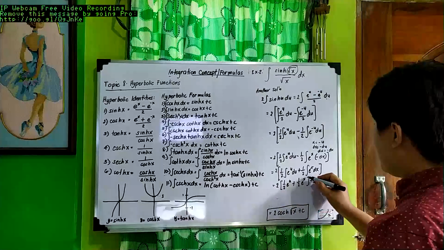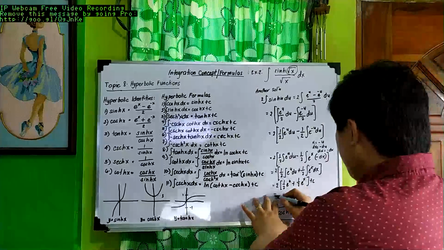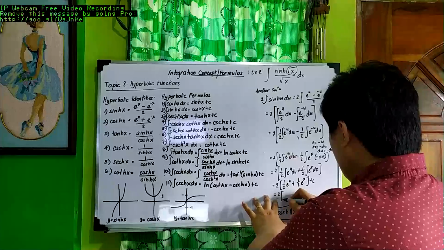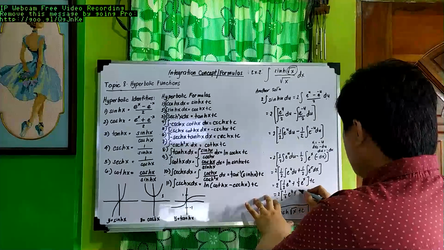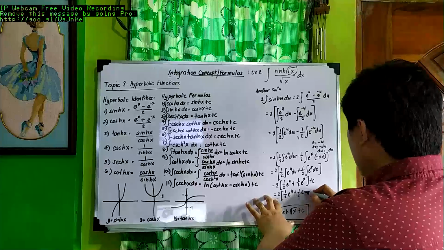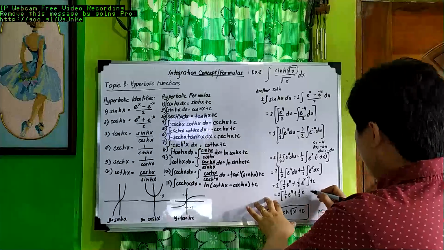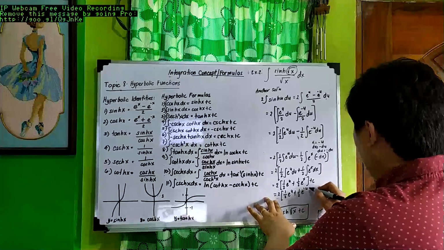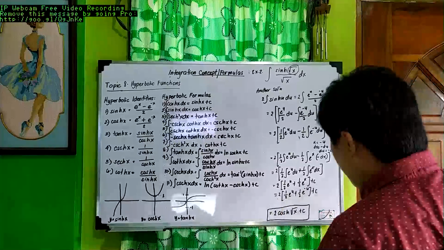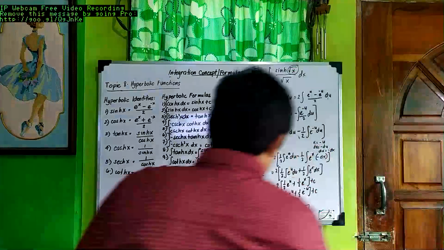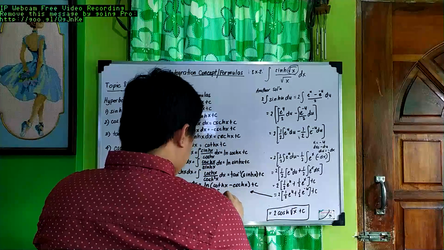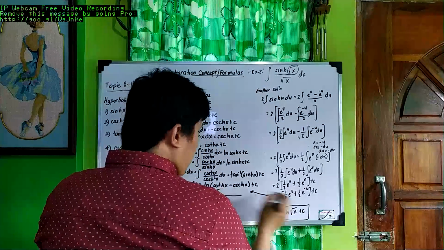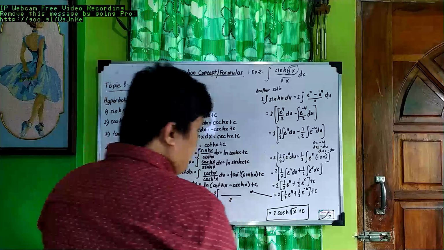While your x is equivalent to negative u, so therefore you have 2 times 1/2 e^u plus 1/2 e raised to the power of negative u plus c. So I could say this is just rewritten as, they are all over 2 because they have the same 1/2.